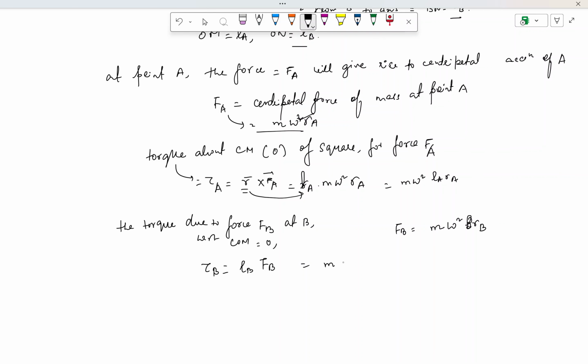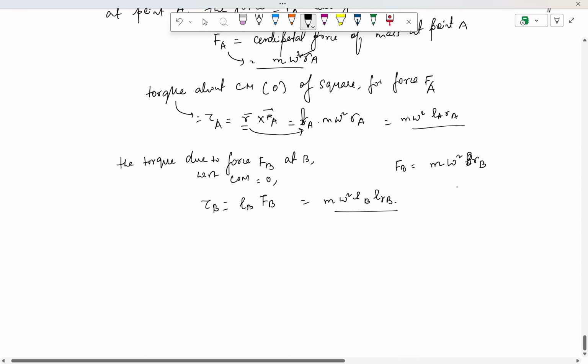So the total thing becomes m omega squared LB RB. By the geometrical configuration the direction of tau B will be opposite to the direction of tau A, because the point masses are sitting in two opposite directions with respect to the center of mass. So the distance factor will be different for both of them, and this will basically change the sign of the cross product in tau A and tau B.